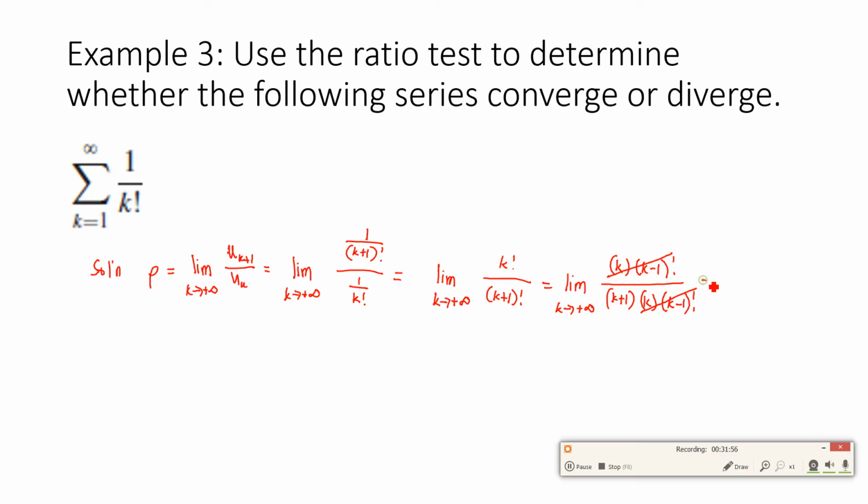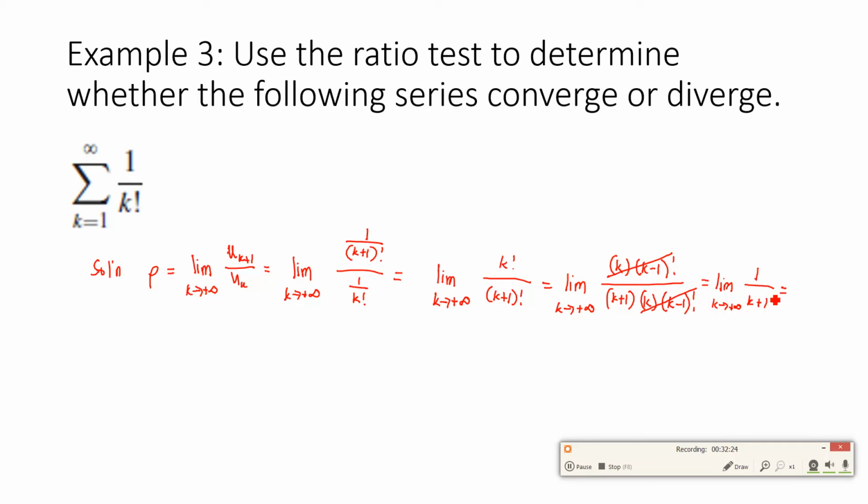So what we have is the limit of 1 over k plus 1 as k approaches positive infinity. So in this case, the limit of 1 is the limit of a constant, which is the constant.